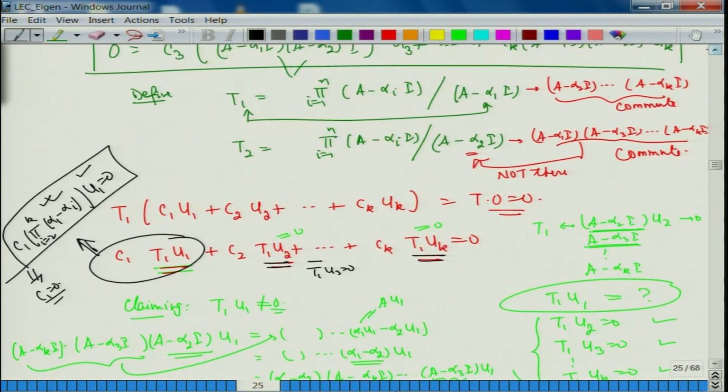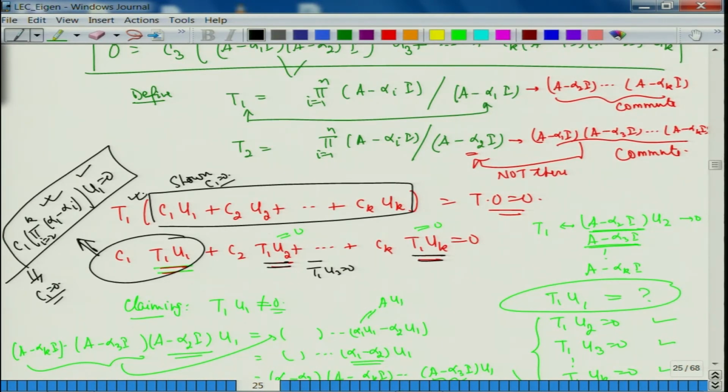Now, if I look at this linear combination, we have shown that C1 is 0 by applying T1. I can apply T2 again to the whole thing to get C2 is 0 and so on. So let me write that now.